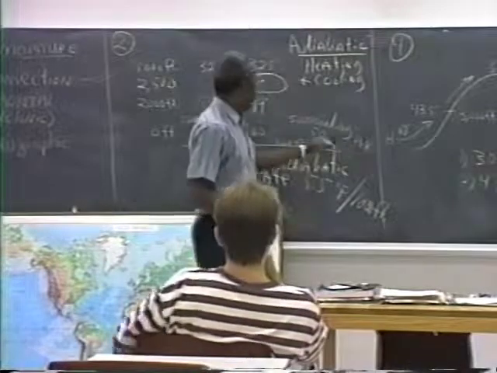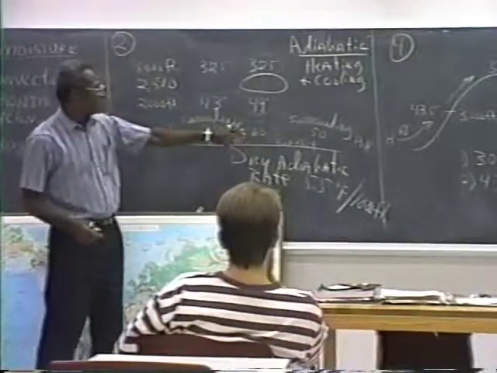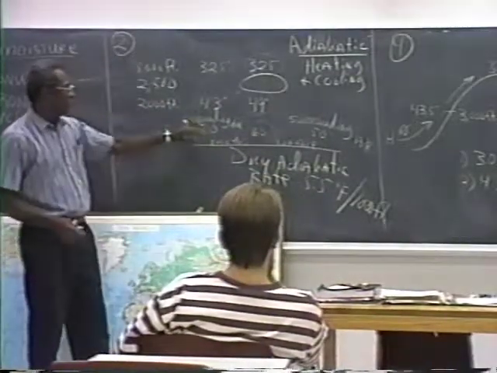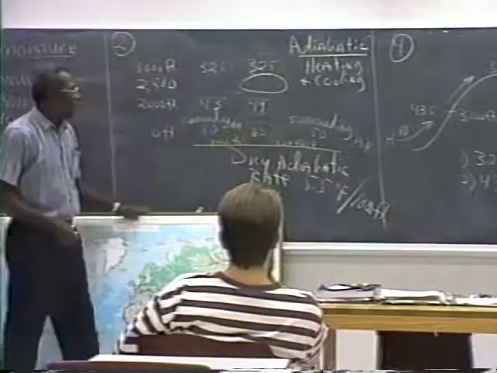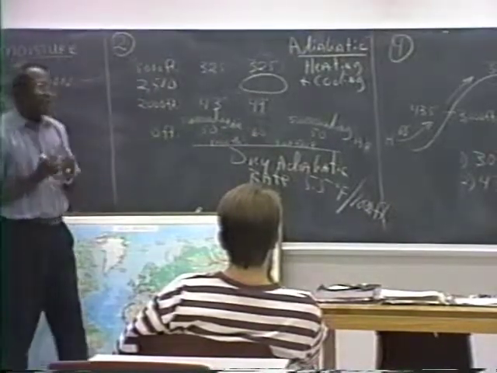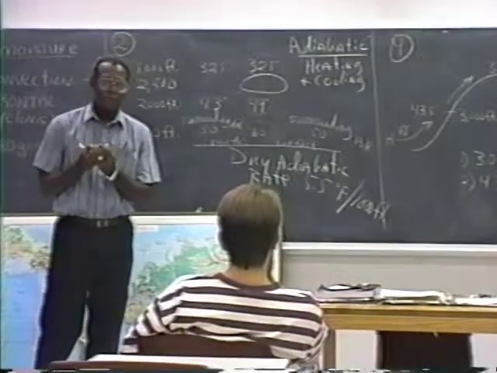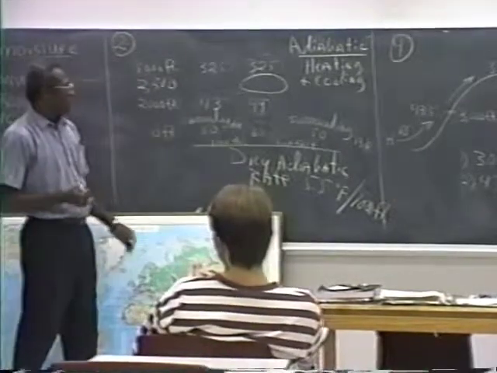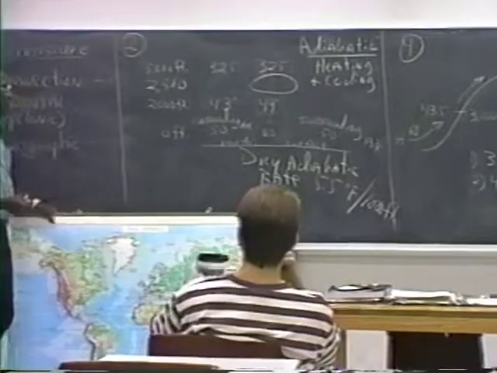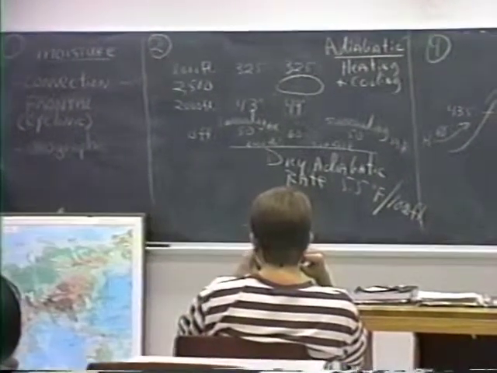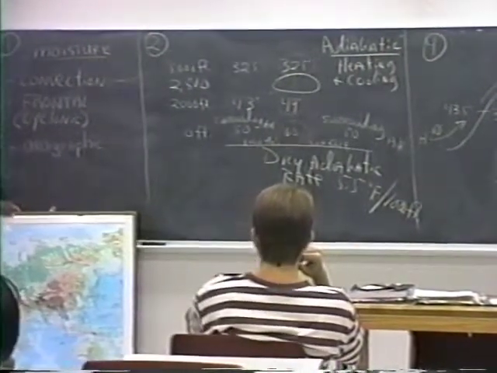So this is one example of air being heated as opposed to surrounding air not being heated. That's the theory, that's the concept. The computations, I think, are pretty straightforward. Okay, that's one thing.